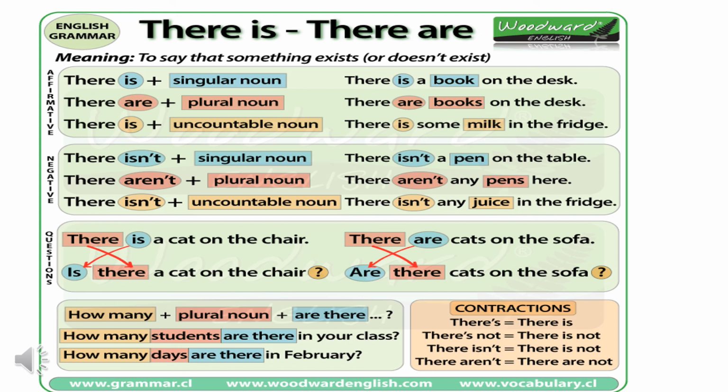How many days are there in a week? How many months are there in a year? How many students are here right now? How many teachers are in this class right now?